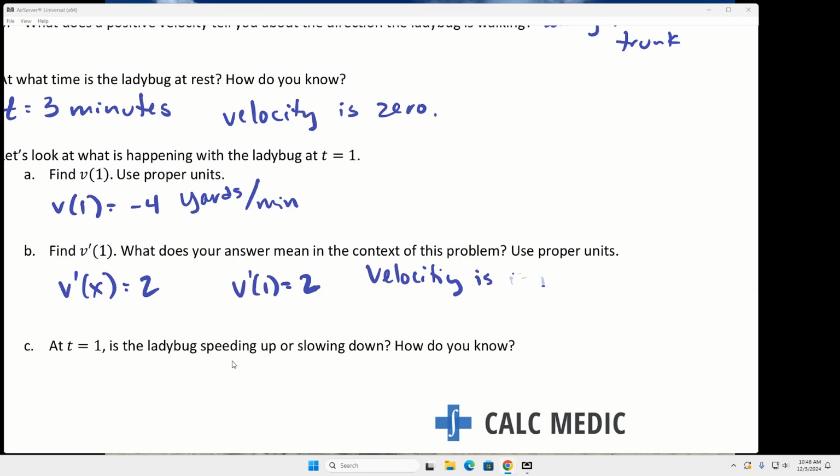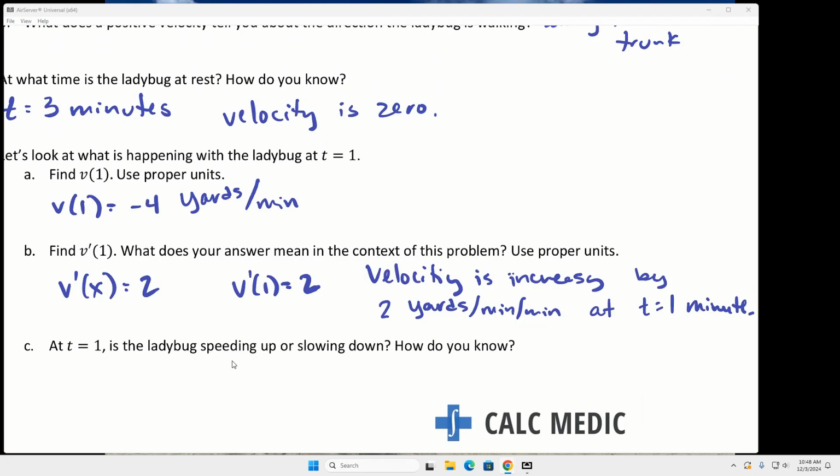We're going to say it is increasing by 2 yards per minute at t equals 1 minute. So don't forget your noun, unit, and time.